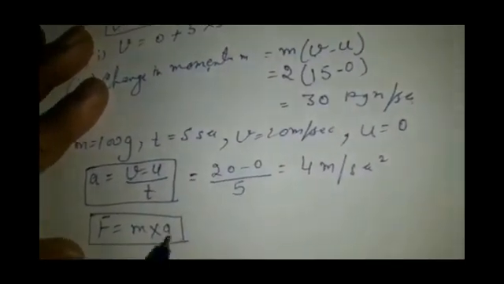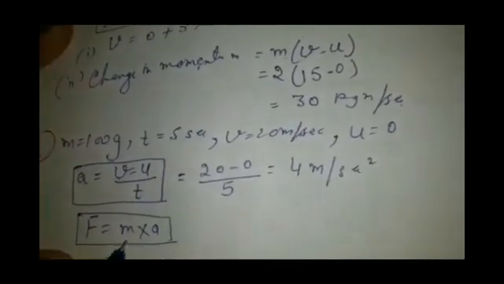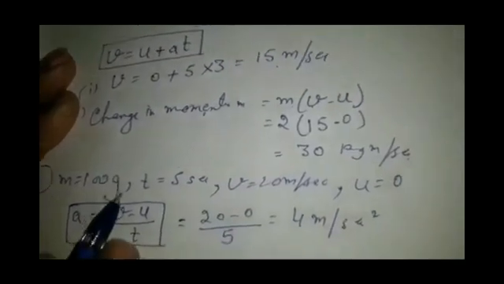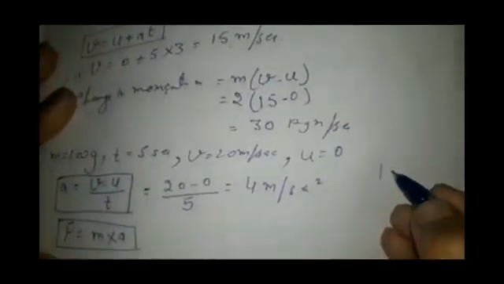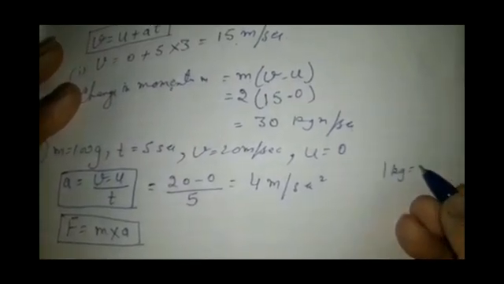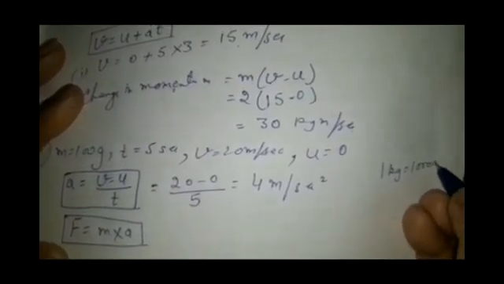Now what we have to find? We have to find the force. Now force, the formula, this we know, F is equal to m into a. Now a we have taken out, but mass children, now see the unit. Mass is given in gram. Gram means it is CGS unit. You have to change it in kg. So 1 kg is equal to 1000 gram.